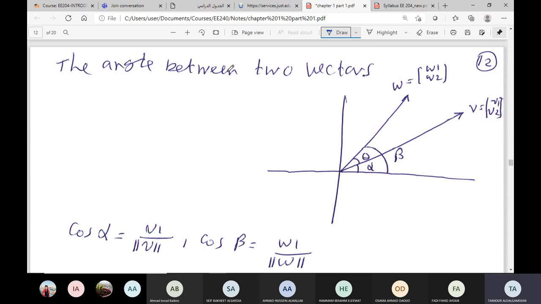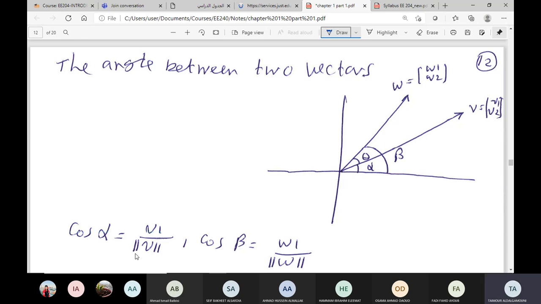So now the angle between two vectors. If we have two vectors, V and W, and we want to find the angle between them, which is theta.